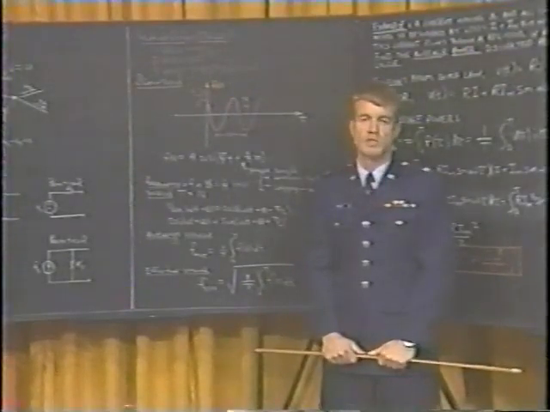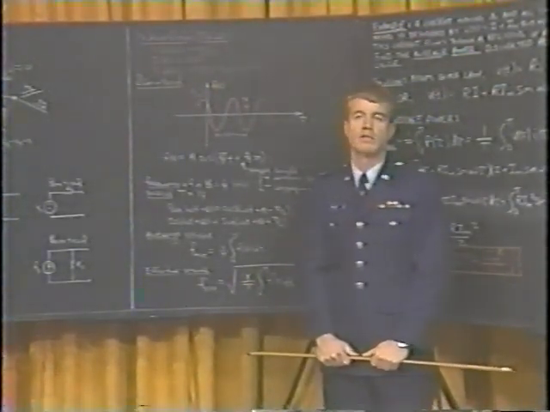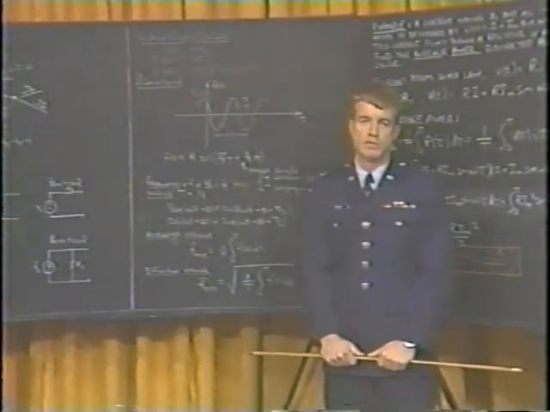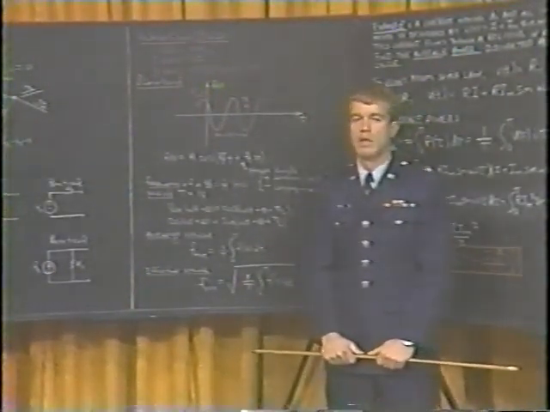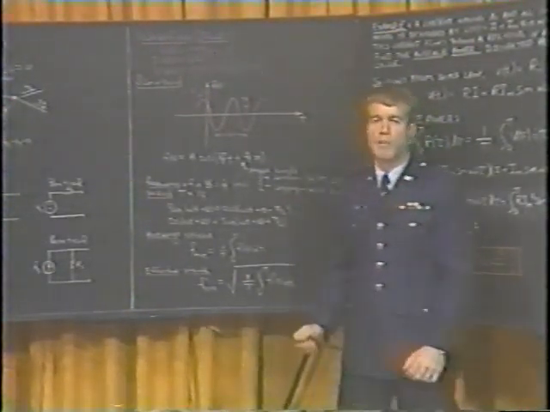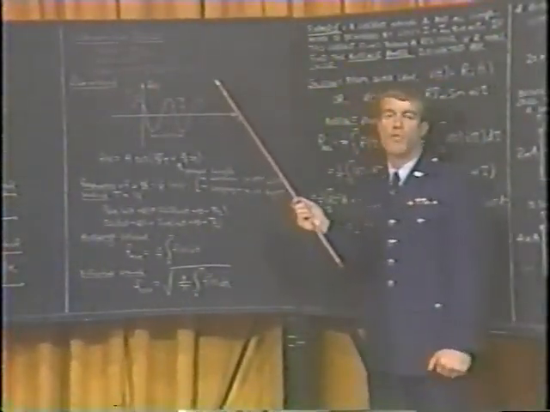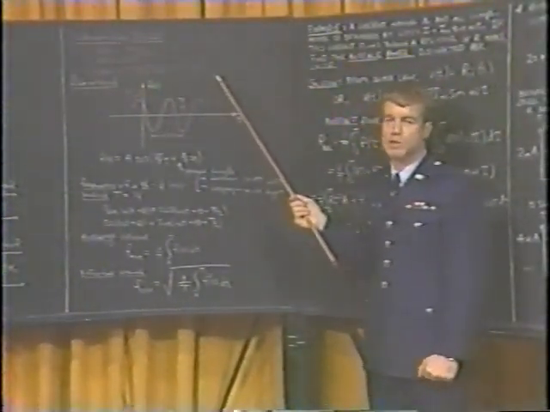That'll be the subject of lesson 2. If we have AC sources or signals, whether they be voltage or current, then they'll change with time in some manner. And I have 3 examples here of the type of signals or waveforms that we'll normally encounter in circuits.